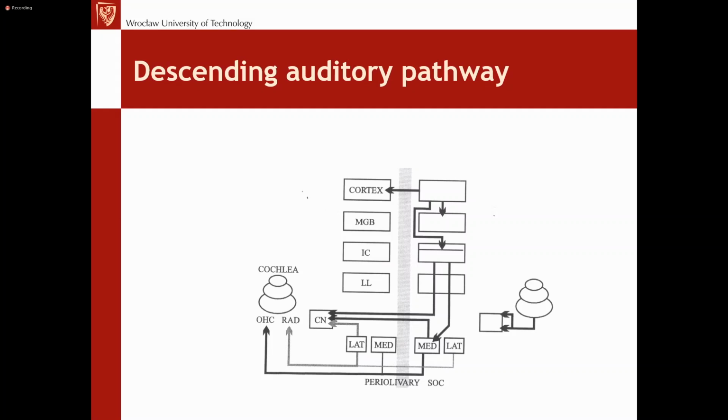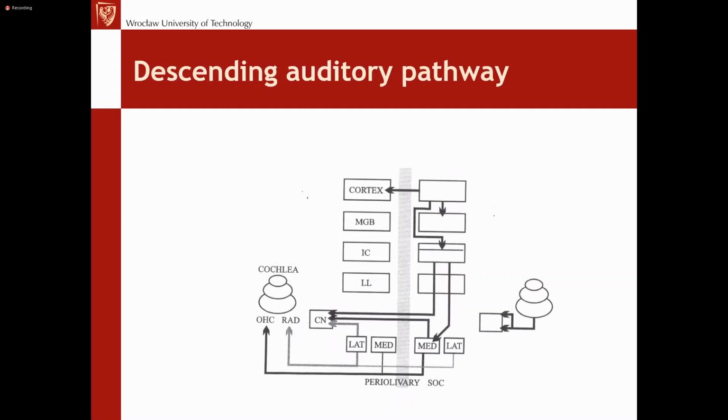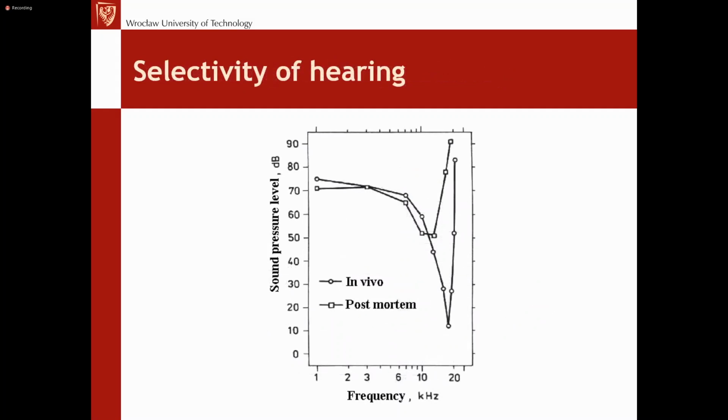So you can find that from the brain it goes down to the cochlea. And so, what the feedback means and what it can cause. First of all, the selectivity of hearing depends on the condition of outer hair cells, and the results are presented here in this picture.